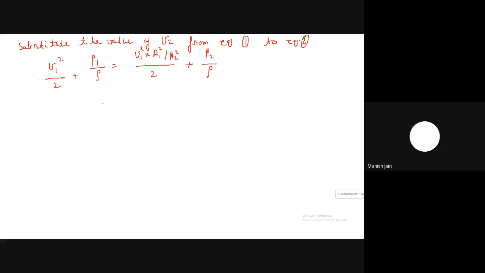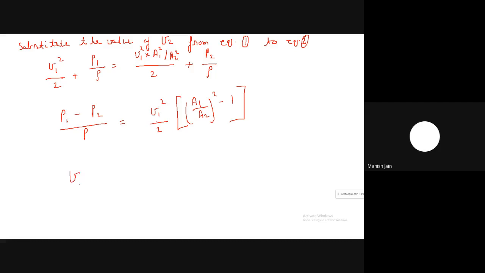Now you can just rearrange this equation. This will become P1 minus P2 divided by rho should be equal to V1 square in bracket, A1 divided by A2 whole square minus 1, divided by 2. Now just rearrange this equation because you have to calculate the value of V1.